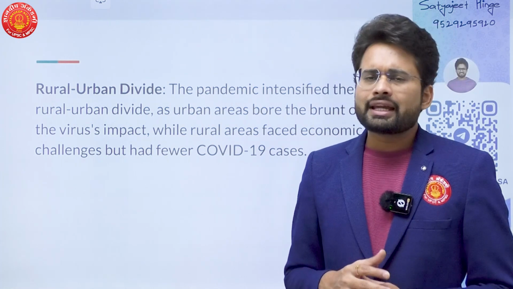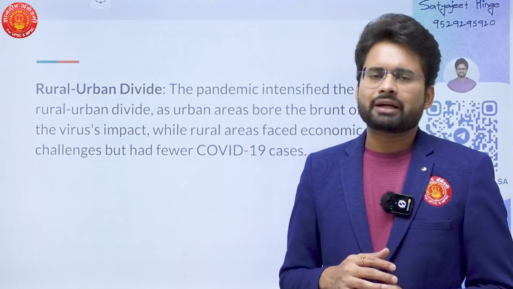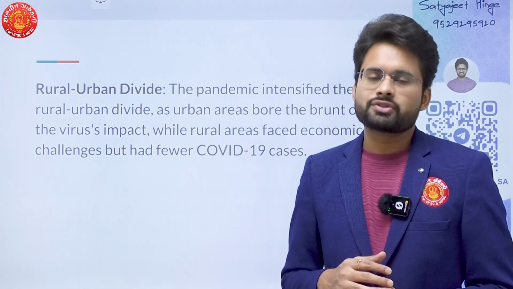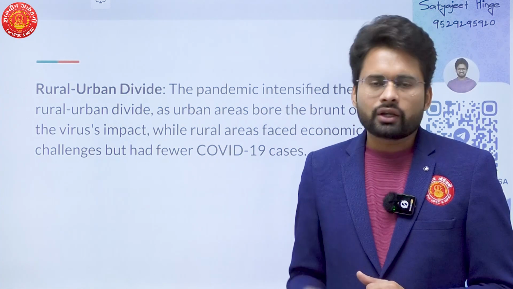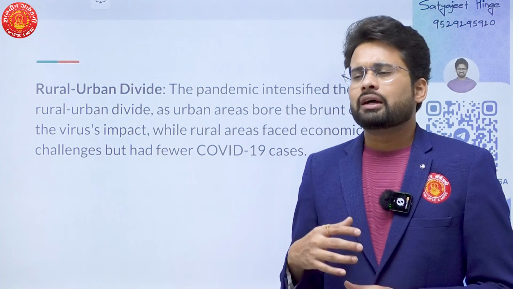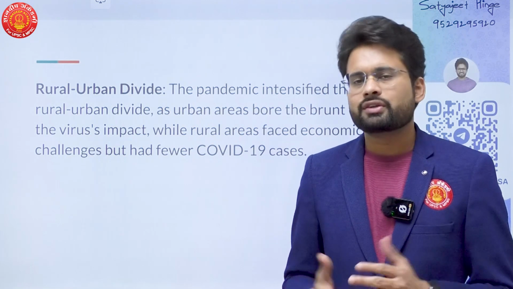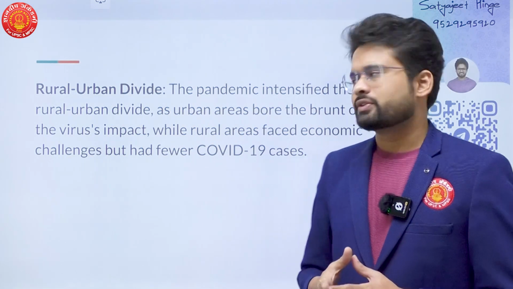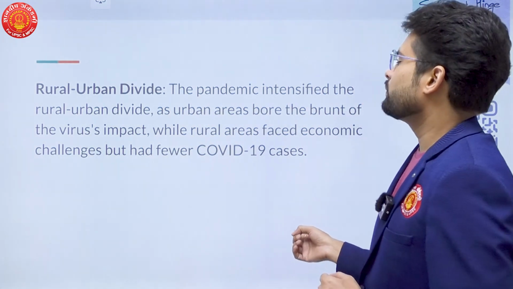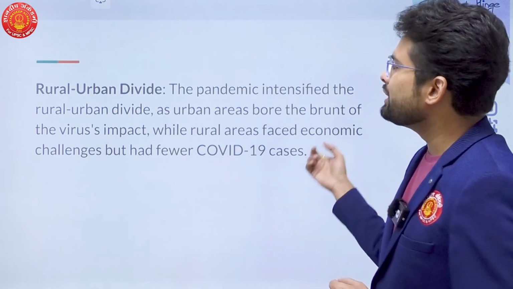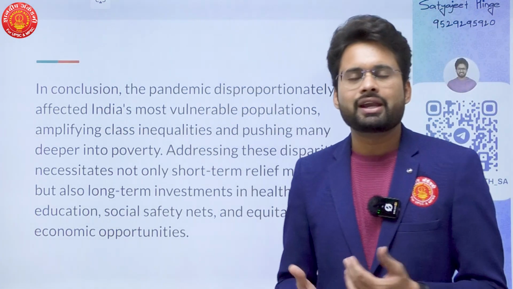Yes, rural India was also impacted by COVID-19, but not as much as these urban centers. Urban poverty rose staggeringly because of the propagation of COVID-19 in urban centers, especially Pune and Delhi, at a higher pace. So the rural-urban divide was again one of the important factors because of which poverty and income inequalities increased.